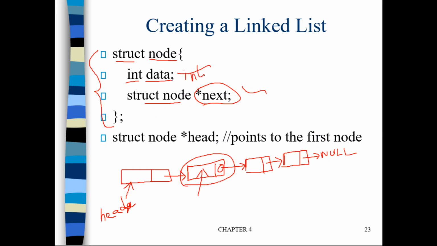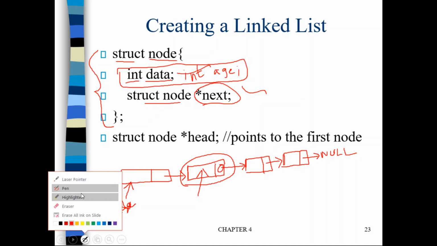Then there are two data items, and this entire data we consider as one group. This data part contains two things, int data and int age. Like that you can have more than one data item also. But it should have a pointer which points to the next node. This is how we define this.